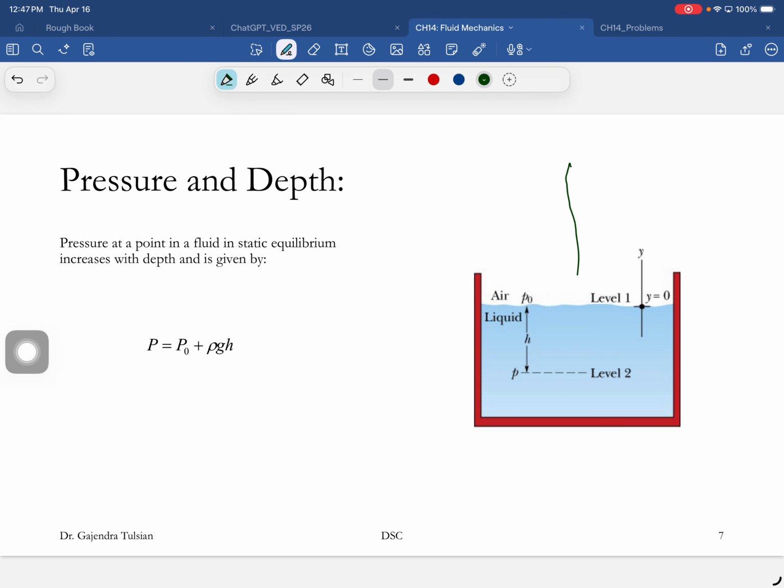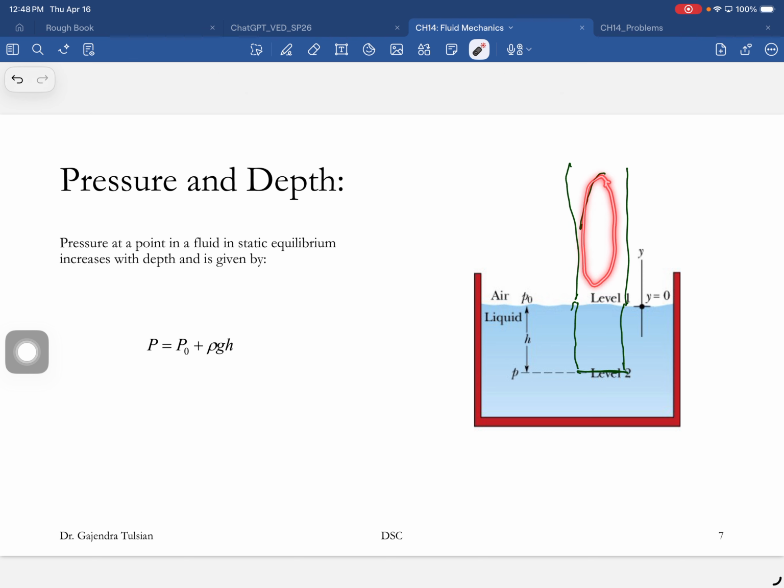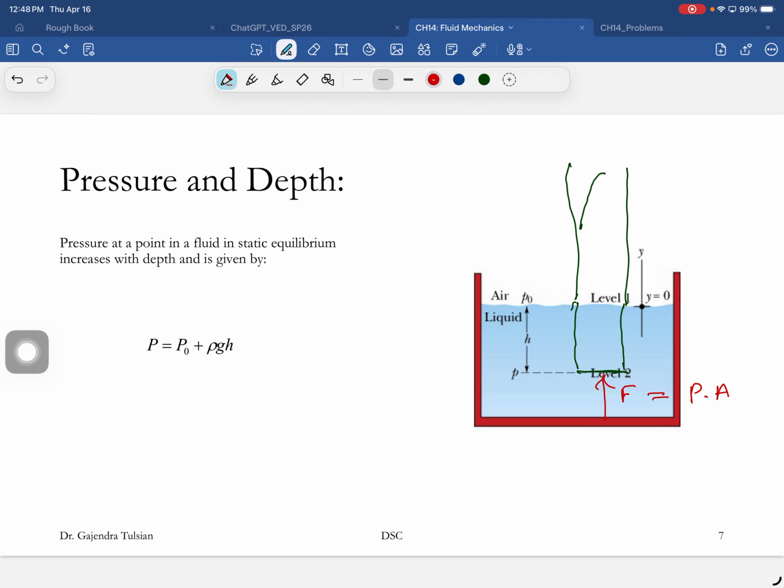So in a liquid, let's say this is a column of air all the way to space, and this is a column of liquid. So why isn't this thing falling down? Because there is a force that's holding it up. This liquid is exerting a force, and that is equal to pressure times this area.